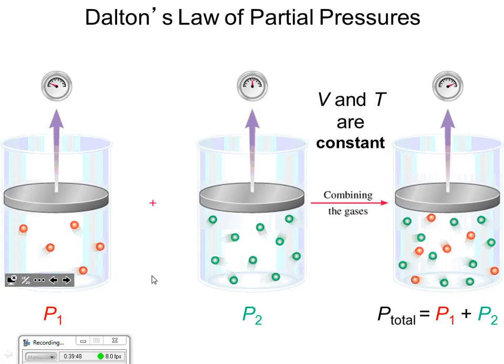This is just another way of showing you what I just had, the total pressure with the oxygen and the water. Because if you look at this, did we increase the volume in that container? No. Did the temperature increase? No. So those are constant. That's why we can take P1 plus P2 is equal to the total pressure.